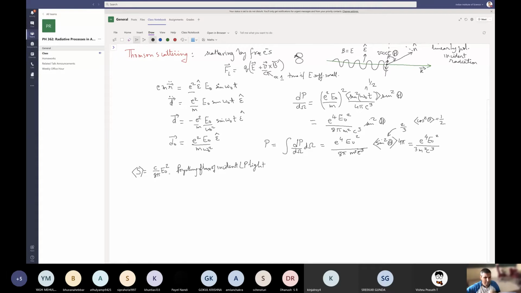Okay. Now we can define this dP d omega, the power going in a certain direction, in this particular solid angle.